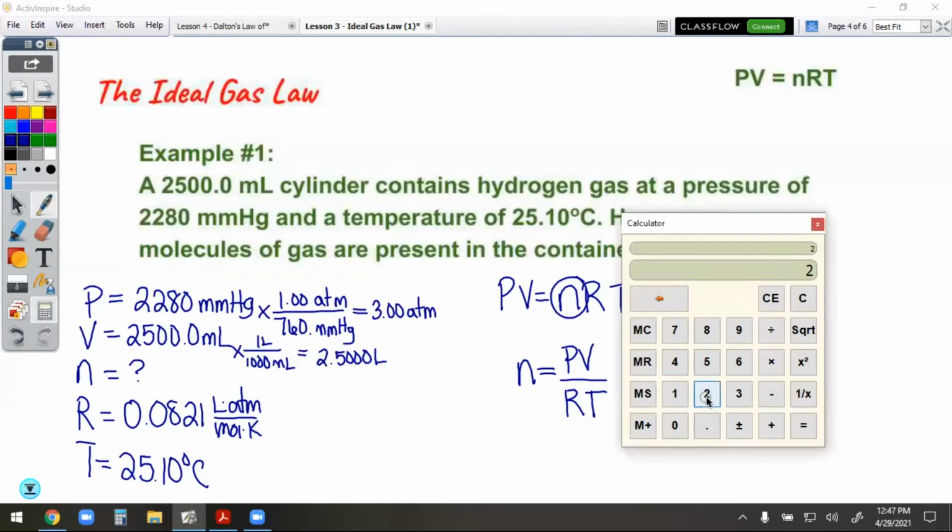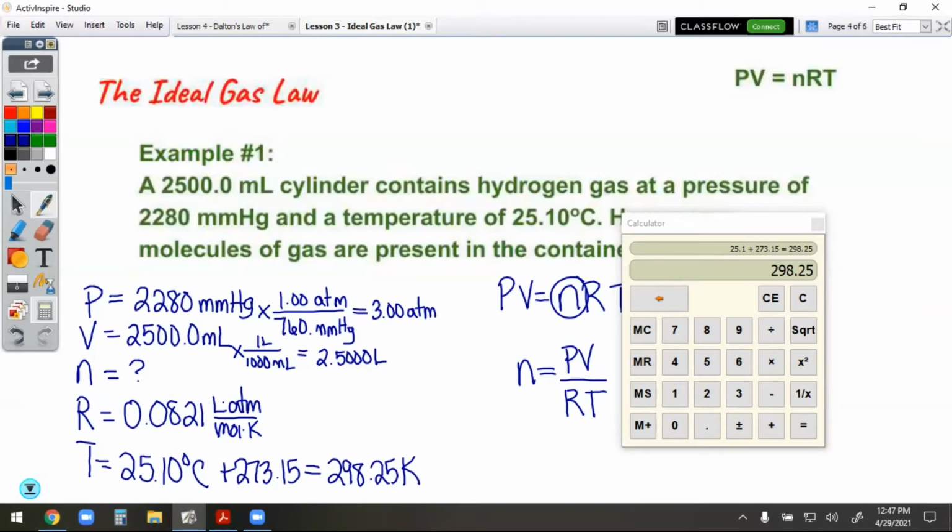So our 25.10 will be added to 273.15 for a total of 298.25. Remember, whenever you are converting from Celsius to Kelvin, you're going to add 273.15.